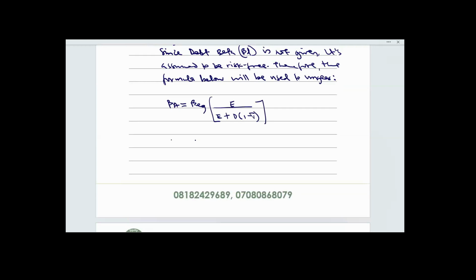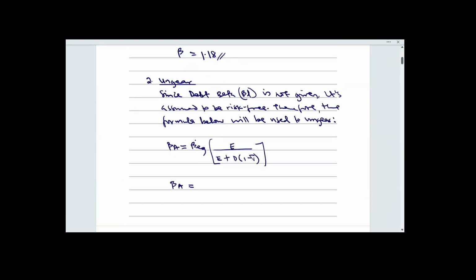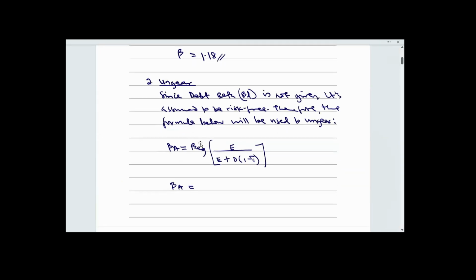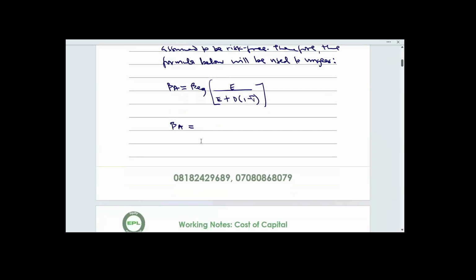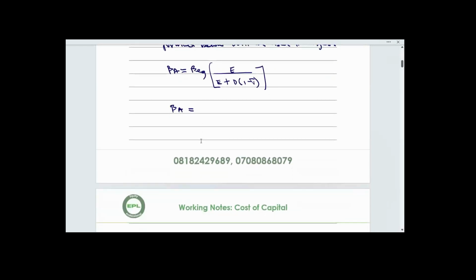So with this, beta asset, which is ungeared beta, is equal to the beta we identified in step 1, which is 1.18, and it is geared because all the 4 freezer companies have bank loans. So here is 1.18.